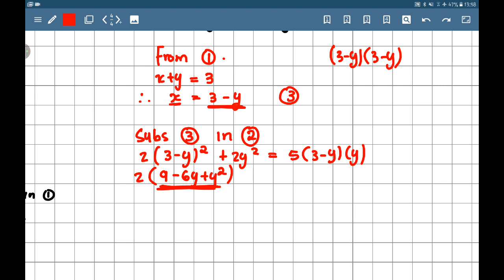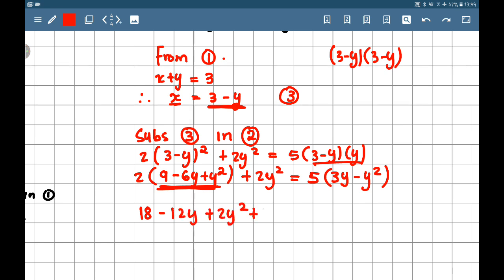Okay, sir, thank you. So it's going to be 2y squared is equal to 5 into, when we multiply that, we are going to get 3y minus y squared. Am I right? Yes. And then this must multiply everything in the brackets, and it's going to be 18 minus 12y plus 2y squared plus 2y squared is equal to 15y minus 5y squared.